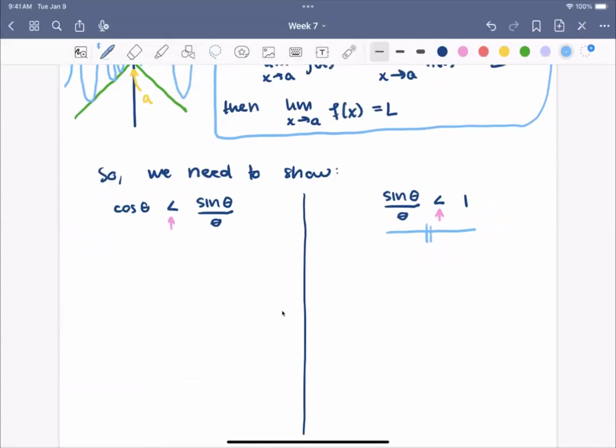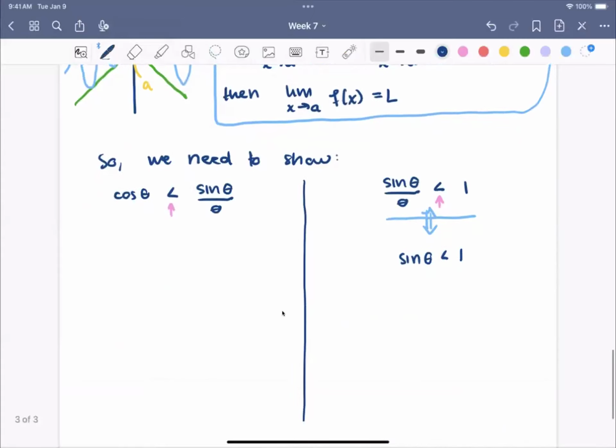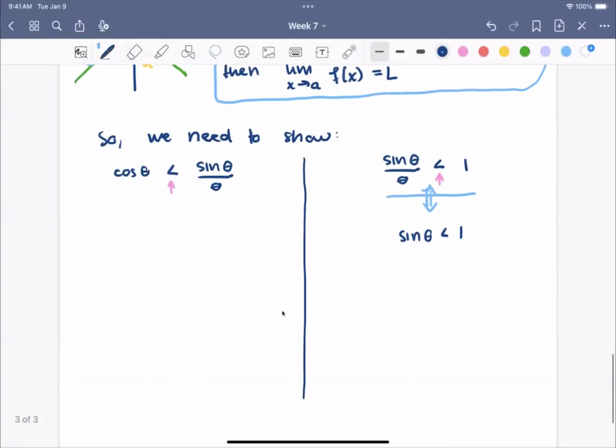So this inequality is true if and only if sine theta is less than 1. Okay, and this is something we know to be true because if I draw any angle theta, inside of a unit circle, this height is the value of sine theta.